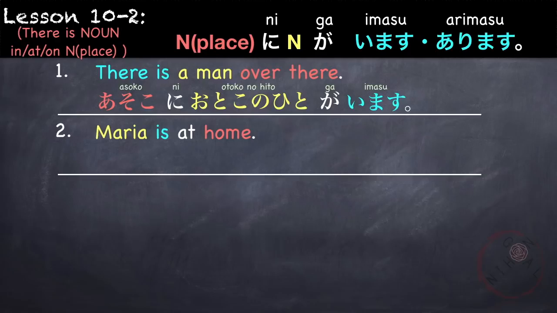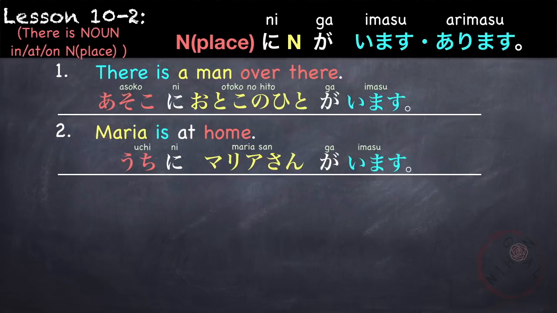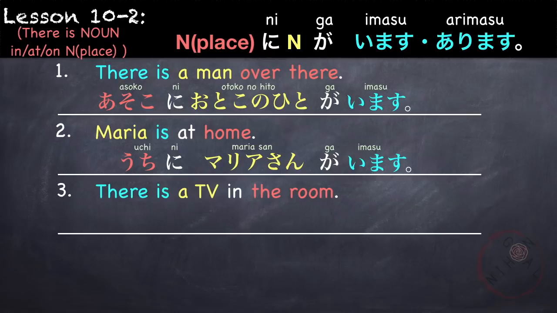Maria is at home. At home is うち, followed by ni, and then our noun, which is Maria or Maria-san, がいます. うちにマリアさんがいます.